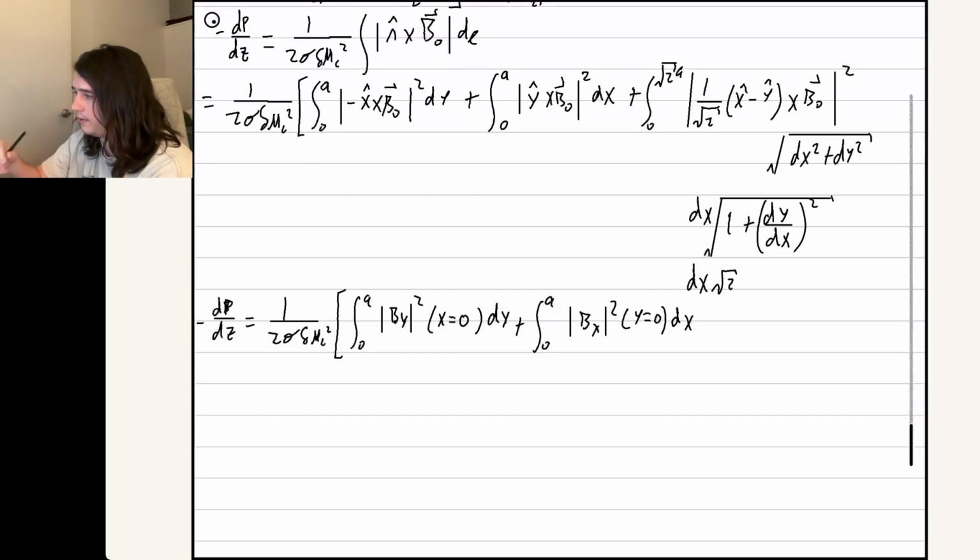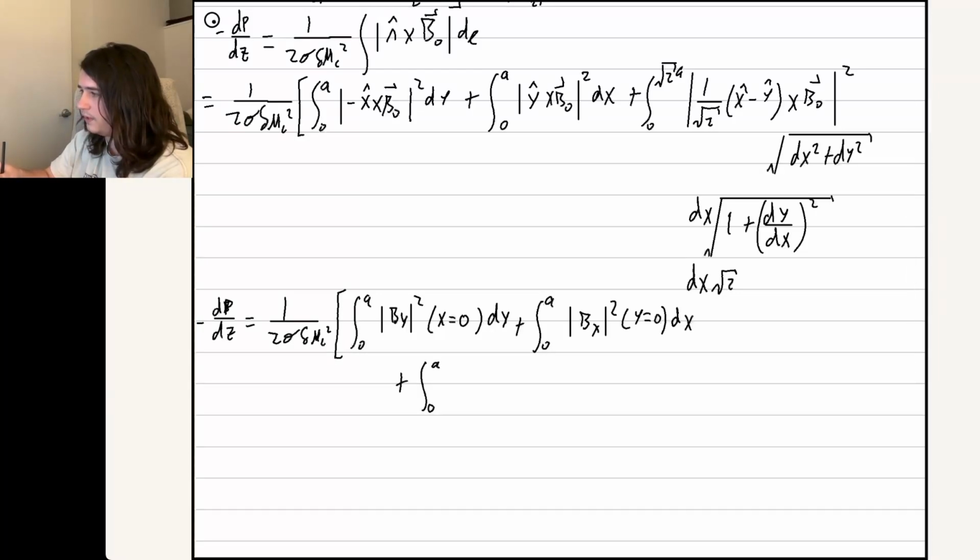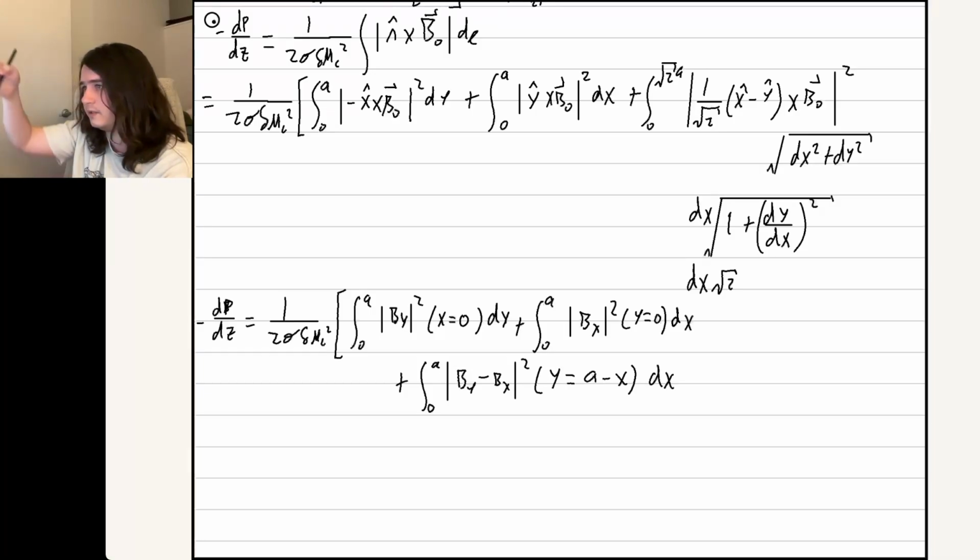And then you have your silly integral from 0 to a, of By minus Bx squared, with y set equal to a minus x. That's how I did it, setting it equal to a minus x, because I'm looking at the triangle like this. If you wanted to flip it and say x minus a, that would probably work as well.